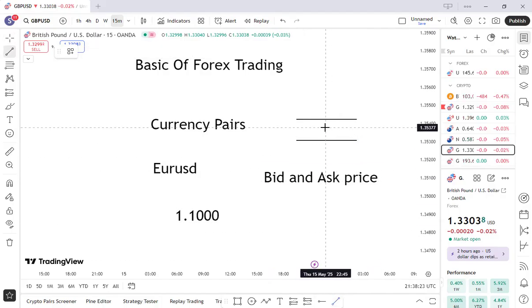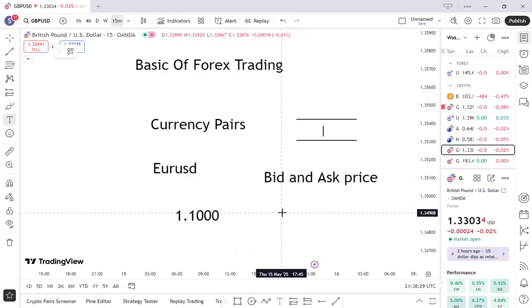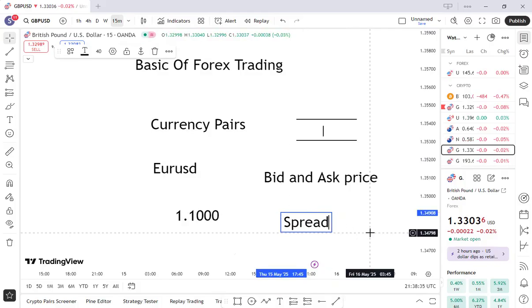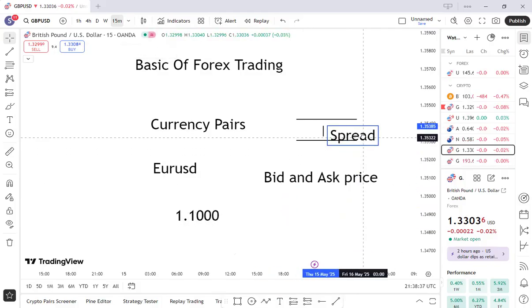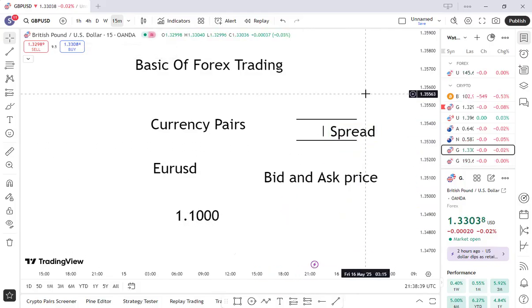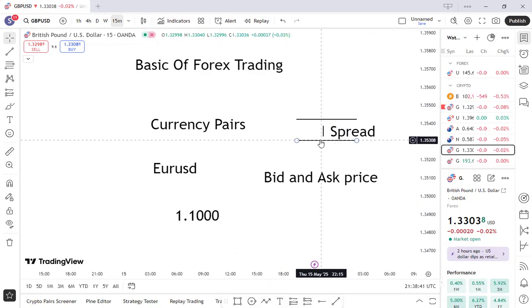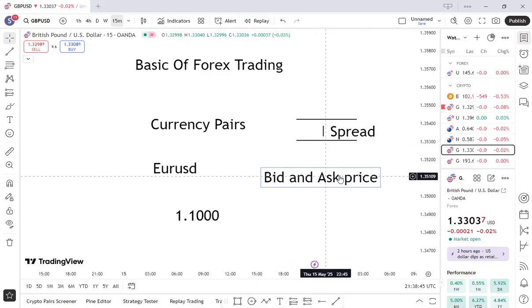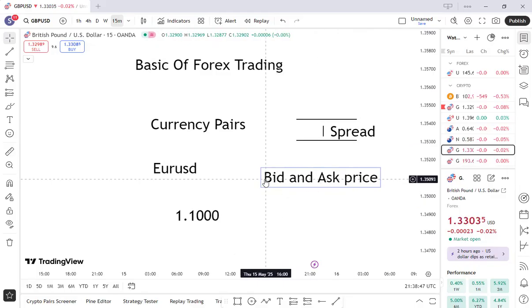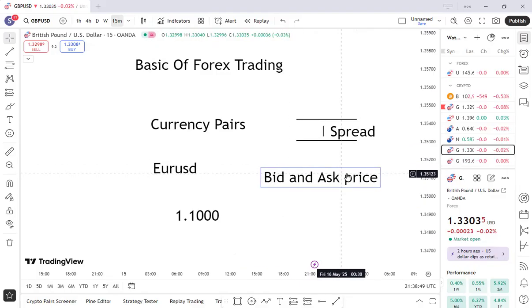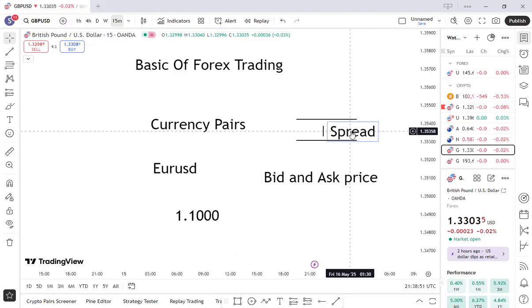In between the ask price and the bid price is called a spread. So a spread is the distance between the bid price and the ask price.